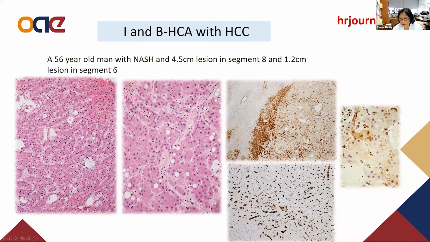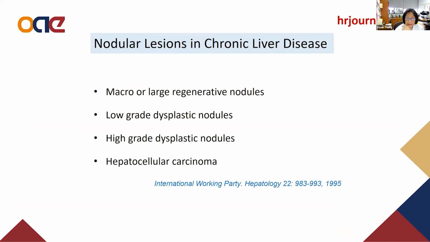They are diffuse, and in this case, in the area where there is HCC transformation, you can see the nuclear expression of beta-catenin. So beta-catenin can occur in an inflammatory adenoma as well as in the H-type adenoma. It can be very focal, but we have to look very carefully.